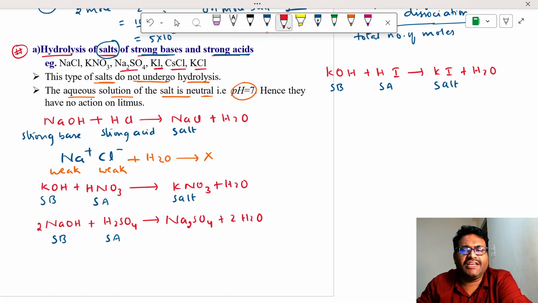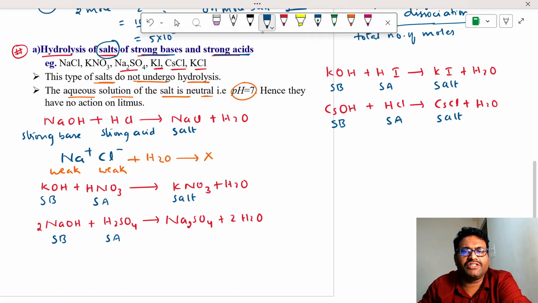In the same way, KOH plus HCl gives KCl plus H2O. Strong base, strong acid, salt.